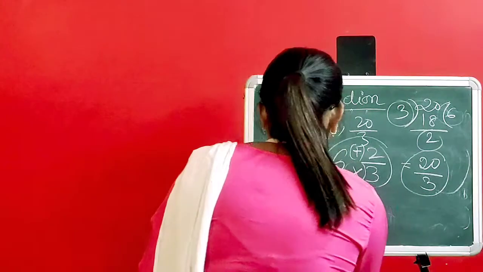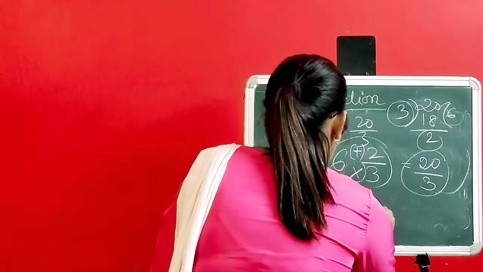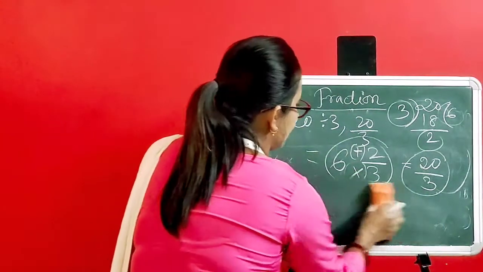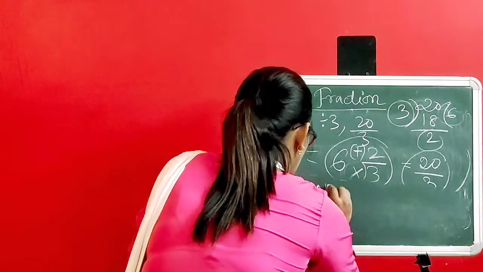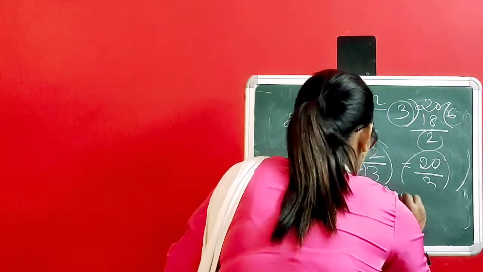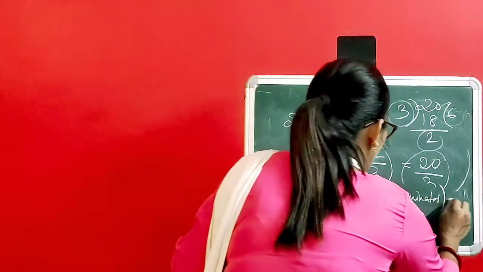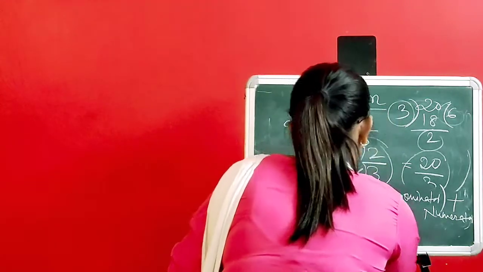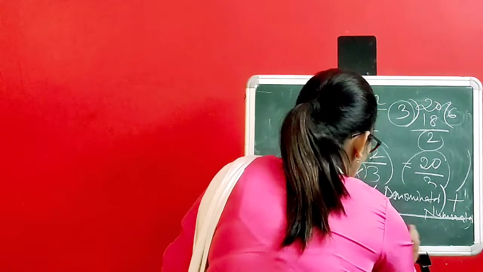The formula is: whole number into denominator plus numerator, divided by denominator.